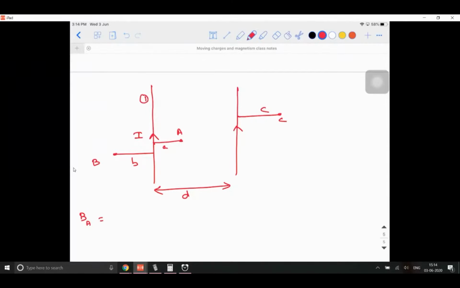Now, how many conductors do I have? I have two conductors, 1 and 2. So, magnetic field at point A due to the first conductor, what is it?